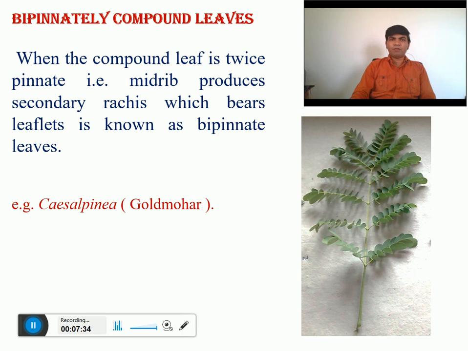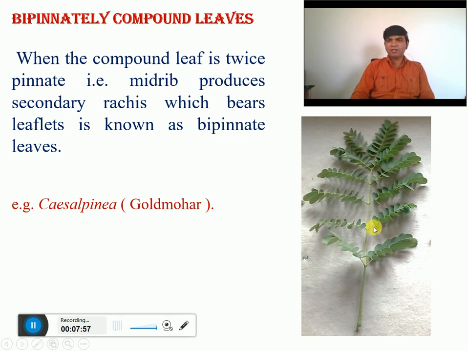Another one, bipinnately compound leaves. When the compound leaf is twice pinnate, that is, the midrib produces again a secondary rachis which bears the leaflets, that is called a bipinnate compound leaf. Now here in this picture we can see this is the primary rachis or the main rachis on which there is formation of secondary rachis.